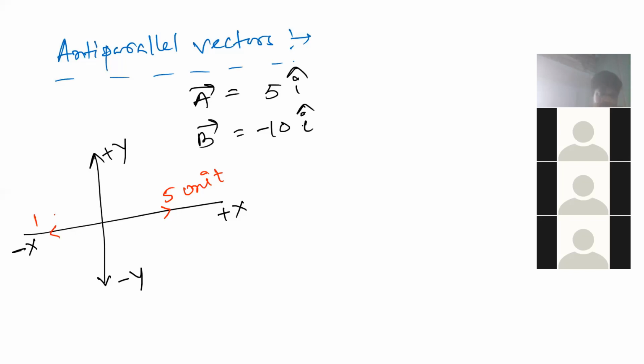Why do I say the magnitude of B vector is 10 unit? Because here I have written minus 10 I cap, but whenever you find the magnitude of a vector, it will obviously come out positive.